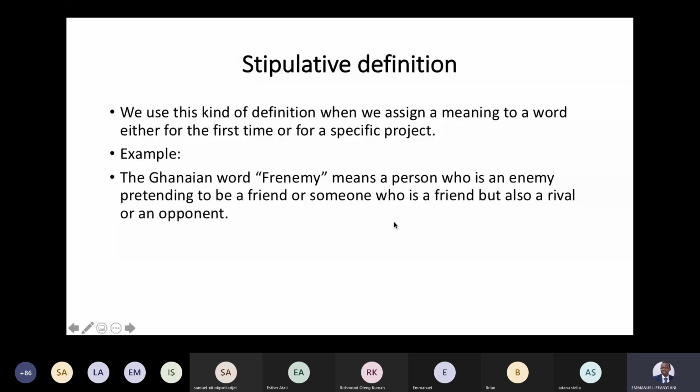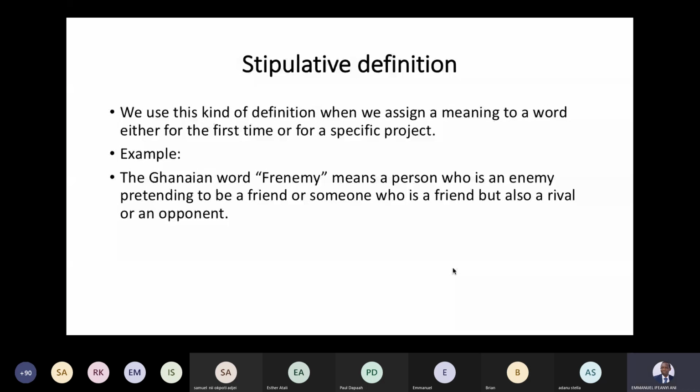So in your project, you want to define something in a way that suits the project. And you find out that previous definitions are not suitable. So you can say that previous definitions have regarded this term or this word or this phenomenon as not suitable for my project.